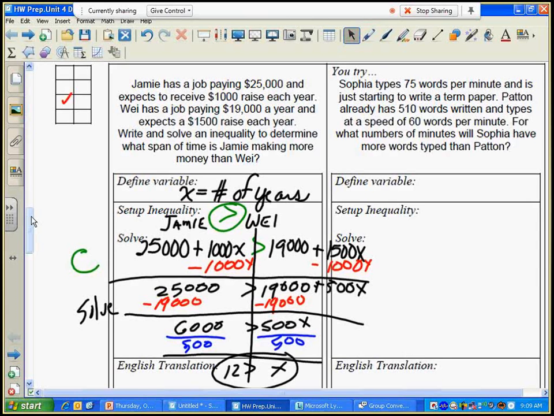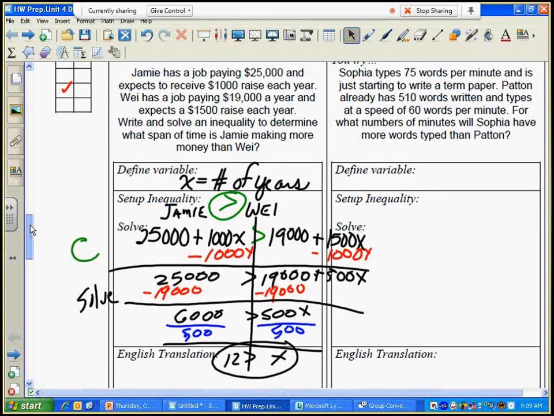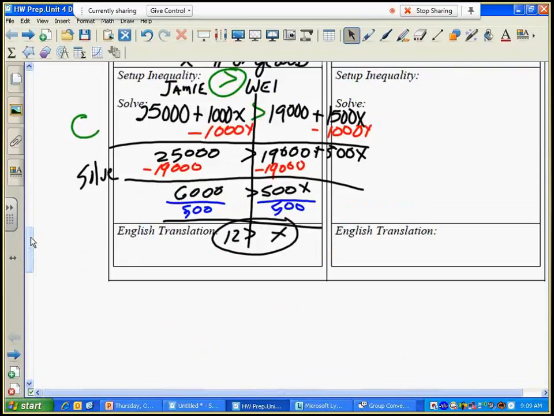Okay? Now, for our English translation, notice that x is not the one being eaten here, so x is less than 12. So in what span of time? Okay, Jamie makes more money for, let's see, I want to say this in a different way.